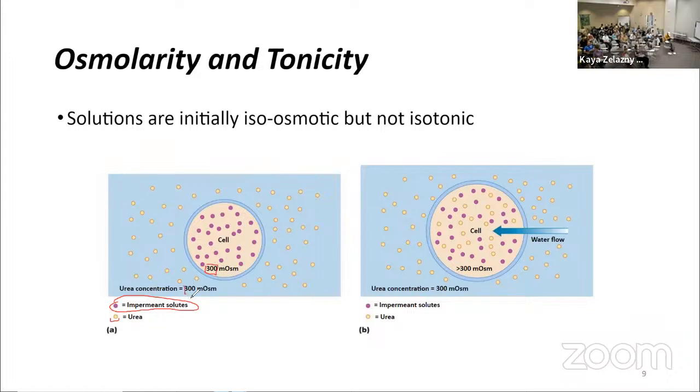So isoosmotic has the same overall concentration if you add up all the solutes, but it's not isotonic, because isotonic means we'd be looking at just the impermeant solutes. So we've got the same osmolarity on either side. So this is isoosmotic.